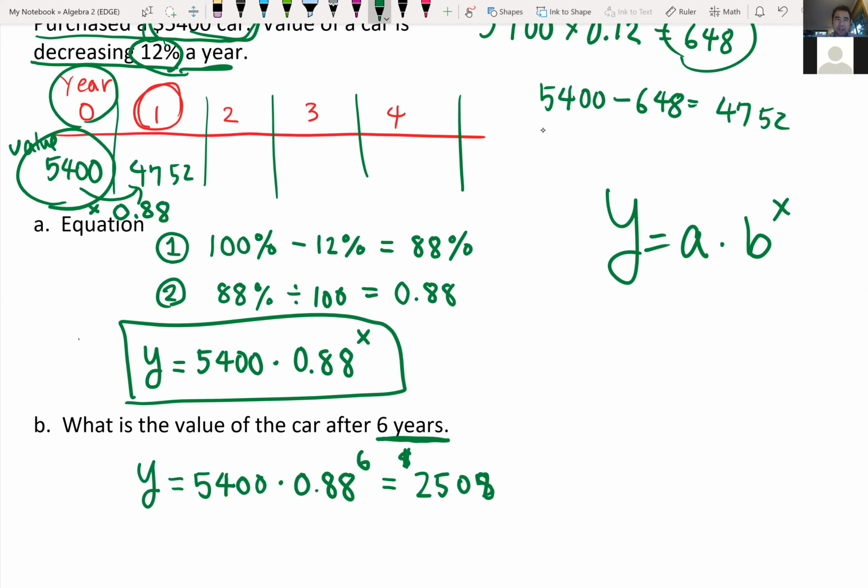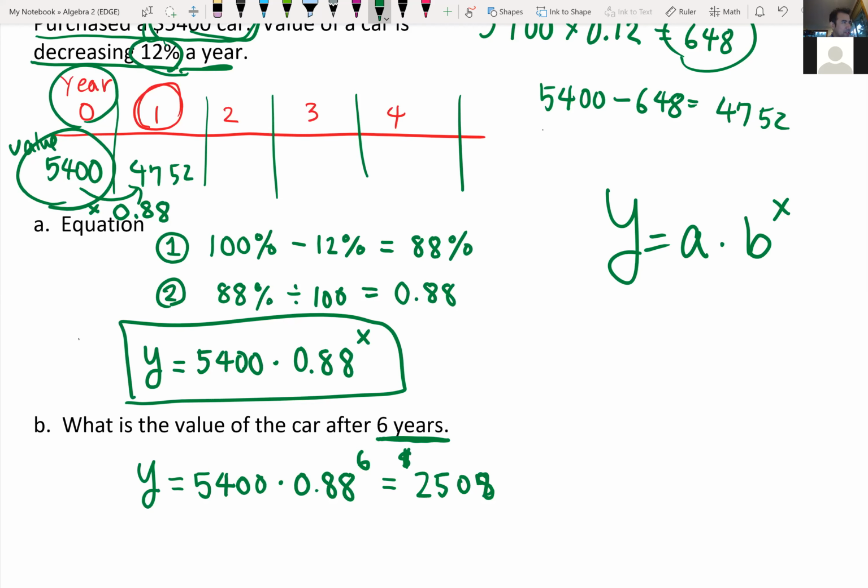So you want to figure out the rate of retention rather than the rate of decrease, okay? Decrease is the part that you're going to lose. But if you're interested in the value of that car, you want to figure out the other part that you are retaining, right? So if you lose 12%, you keep 88%, right? So you need to use 0.88.